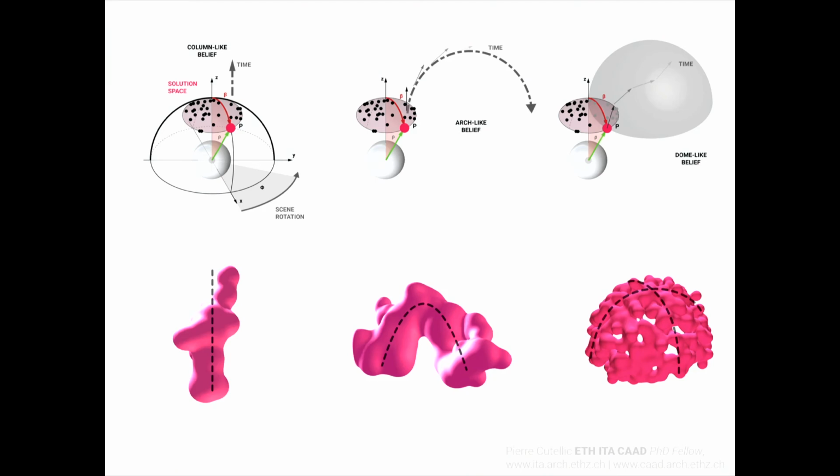And so it means that through that, by involving something which is slowly going towards more and more the modeling of architectural artifacts with some still highly generalized and simplified design beliefs, such as, for example, the cumulative verticality, if we want to go towards a column-like belief, or something which slowly bends as an arch, or if we want to extend this belief, we can also bend it in another dimension and have something which looks like a dome-like belief.